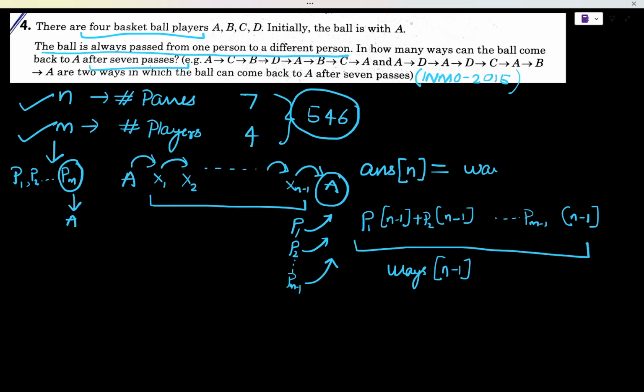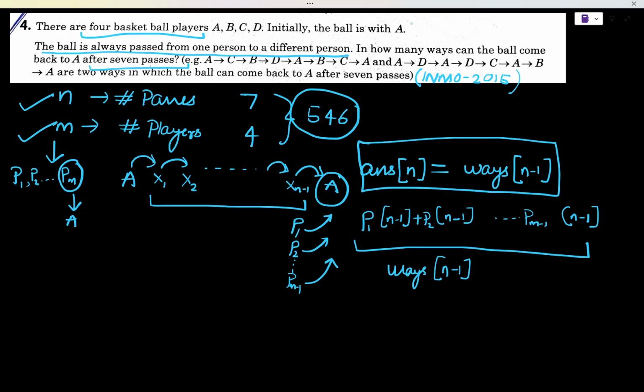This is ways of n minus 1. I'm basically taking the summation of all the different ways players number 1 to m minus 1 can receive the ball, adding all of them up and storing them in a variable called ways. So answer of n is the total number of ways of n minus 1. This is the first part.